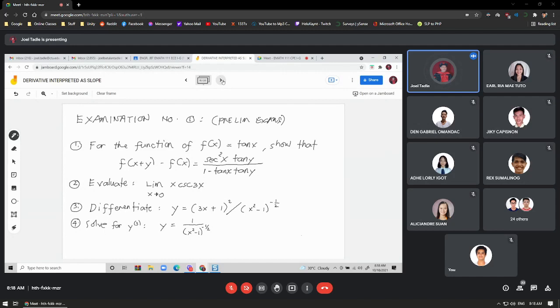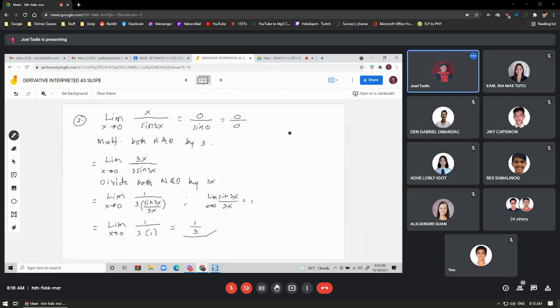So this is the solution for number 2. Verifying the denominator, the limit of the denominator is 0, and also the numerator is 0. So we have an indeterminate form.